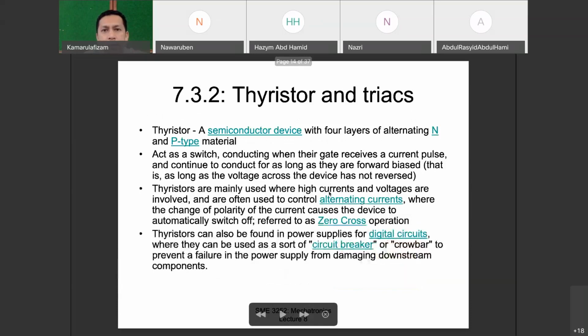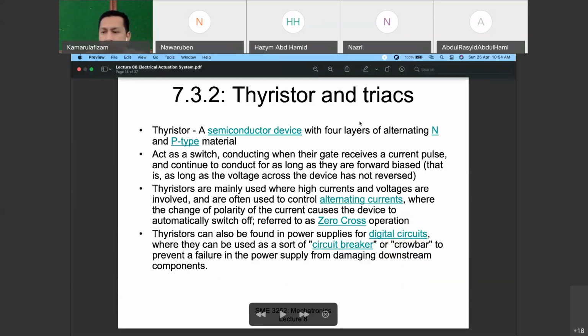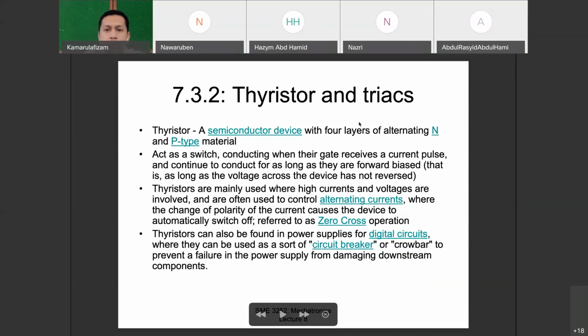Then you have thyristor and triacs. If you have anything to ask, you can straight away interrupt saya. And then you have thyristor ataupun triacs, also sebagai switch. They conducting when their gate receive current pulse and continue to conduct as long as they are forward biased.